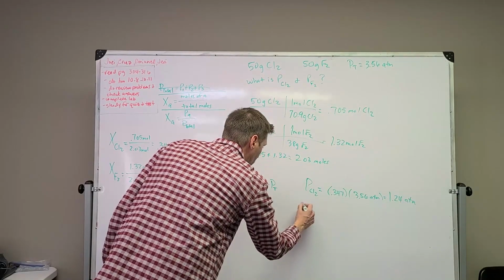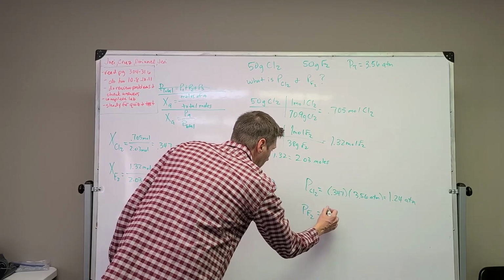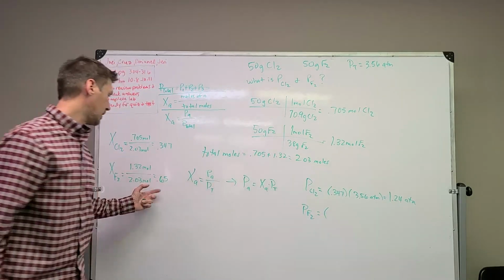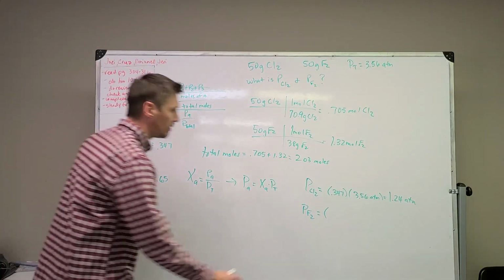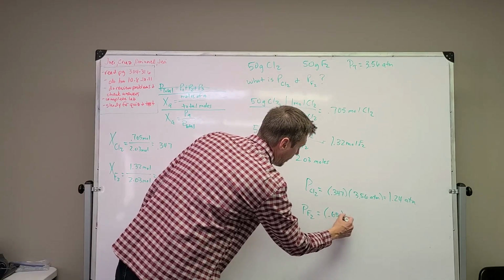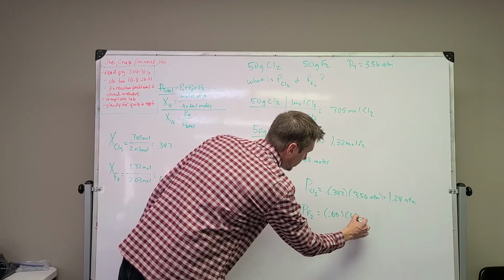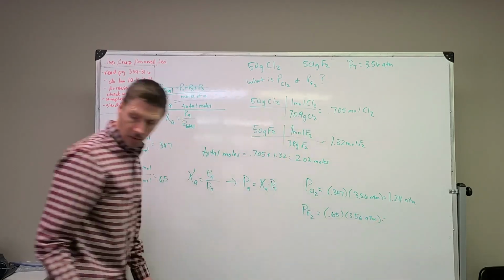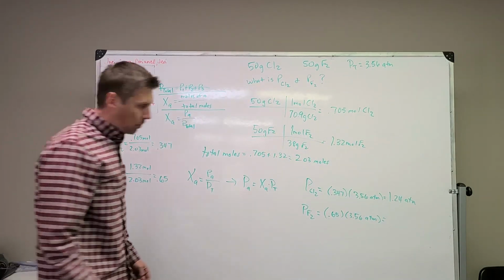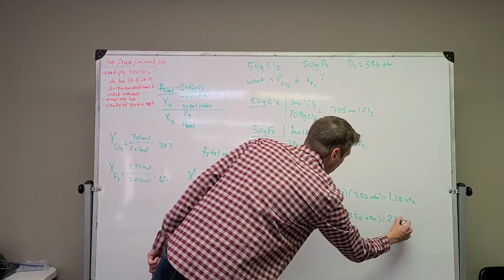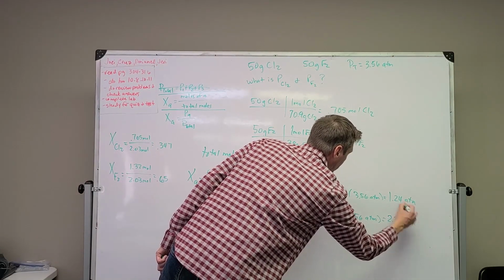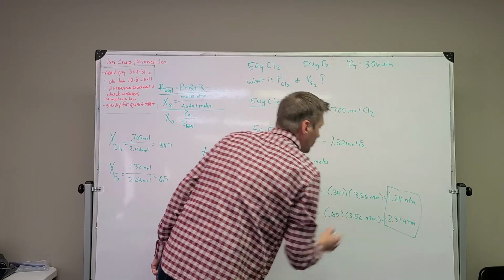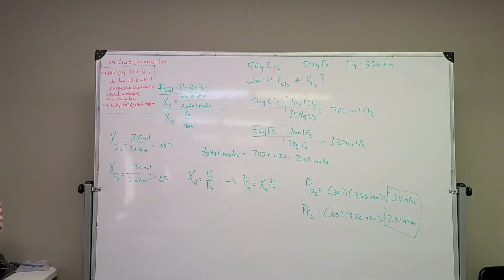And then for the partial pressure of fluorine, we get what we calculated over here as our mole fraction, 0.65, times the total pressure, again, which is 3.56 atm, given to us in the problem. And that is 2.31. So these would be the answers to our problem.